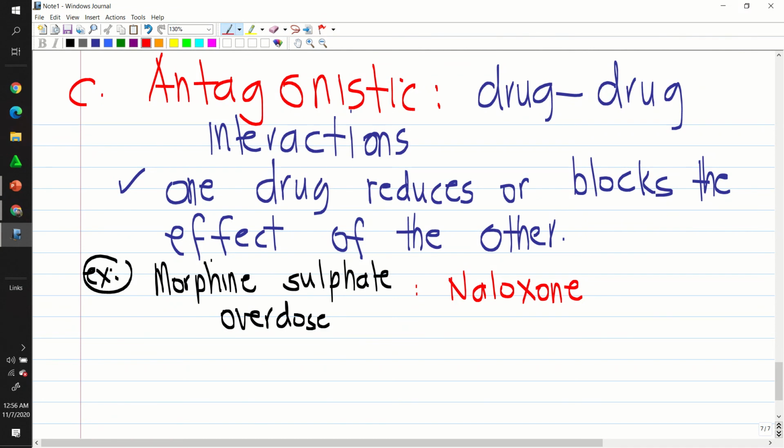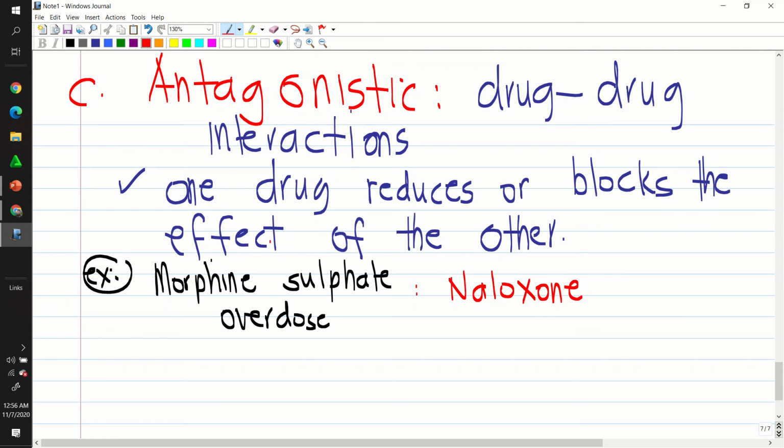That is what we call your antagonistic. In morphine sulfate overdose, what is the antidote? We are giving naloxone, because it blocks the narcotic effect of your morphine sulfate.